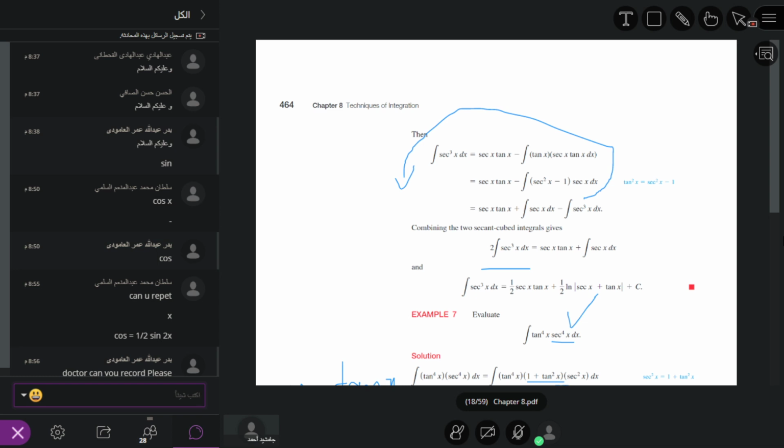Okay. So like this. So after that, if the power of sine and cosine is 1, but their angle is different. Like if we have sine 2x, cosine 3x. If we have cosine 2x, cosine 5x.